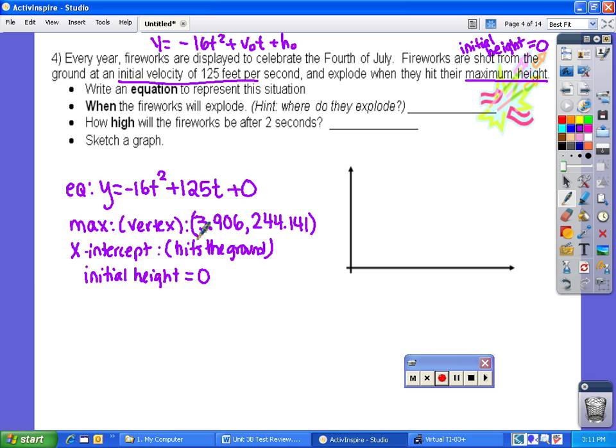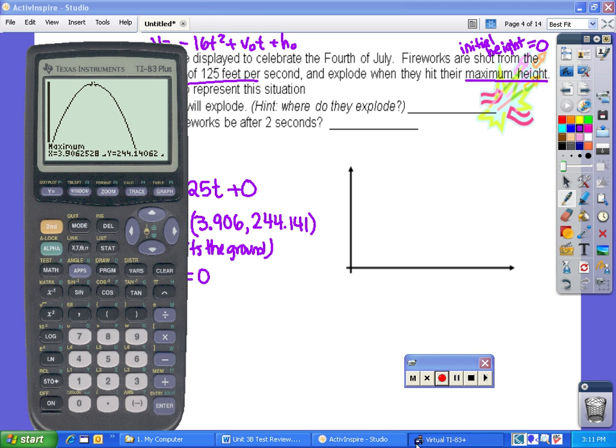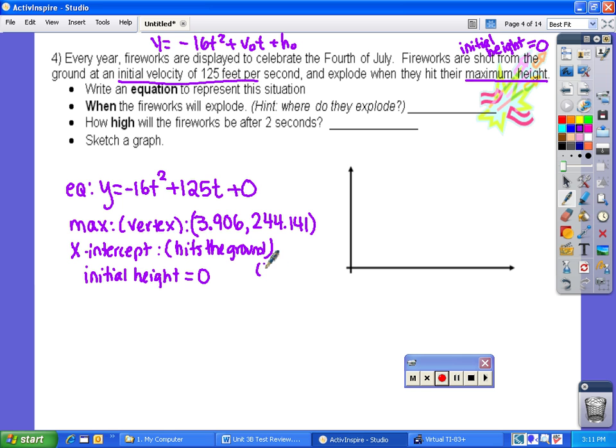Okay, the next thing that we have to find is when it hits the ground. Alright, so just give me a second to find that. And that's 7.813 or 7.812, whichever one you want to pick. I like to round properly.